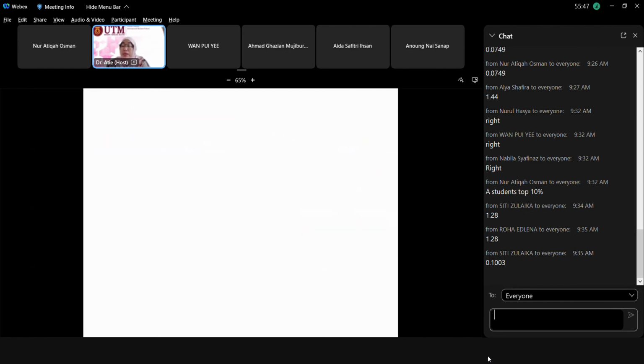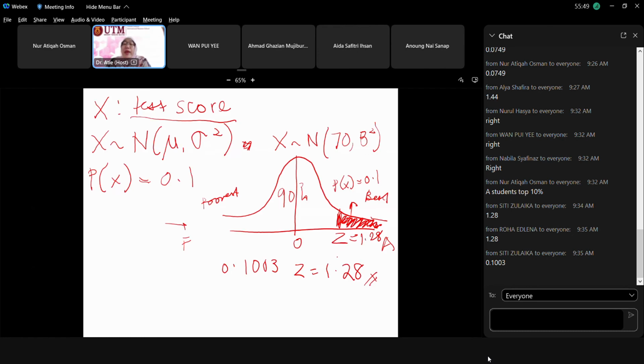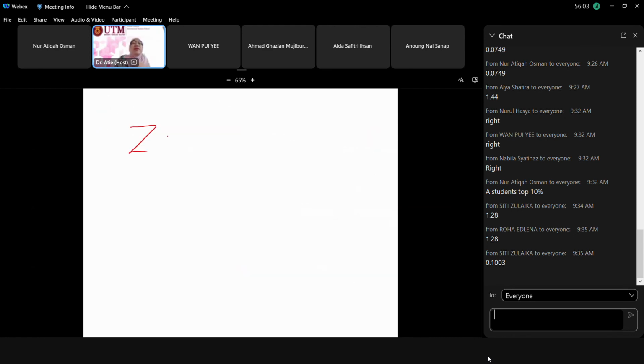Now we want to find this Z. Remember, we need to find the value for X. So we need to convert the original value of this Z into the X form. So now we need to use the formula. Remember the formula, x minus mu divided by sigma, the formula we use to convert x to z. Now we need to use the same formula in order to find the value of x.